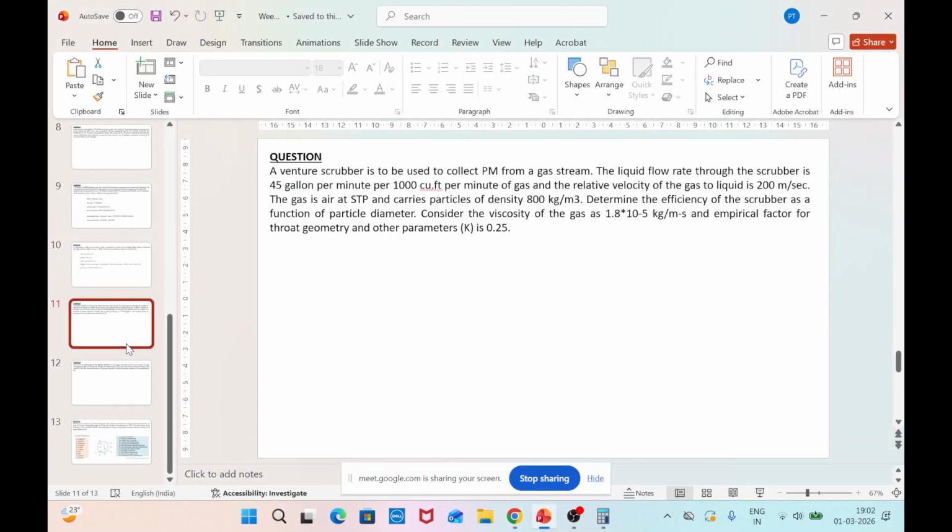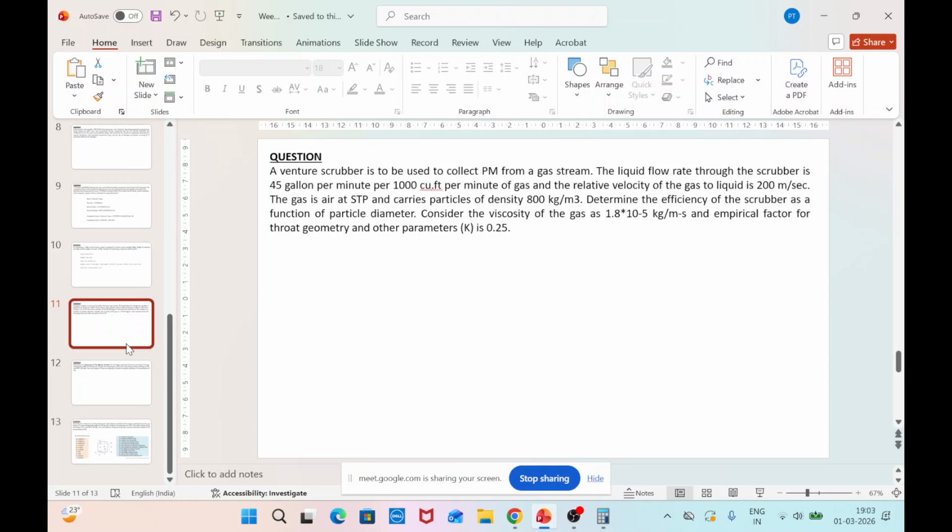So let's move towards a venturi scrubber problem. A venturi scrubber is used to collect the PM, that is your particulate matter, from a gas stream. The liquid flow rate through the scrubber is 45 gallon per minute per 1000 cubic feet per minute of gas, and the relative gas velocity to liquid is 200 meter per second.